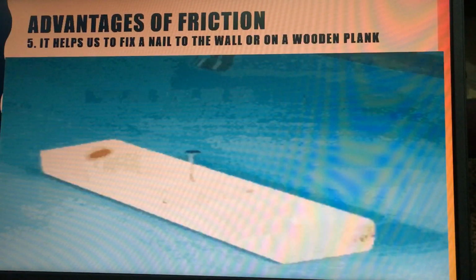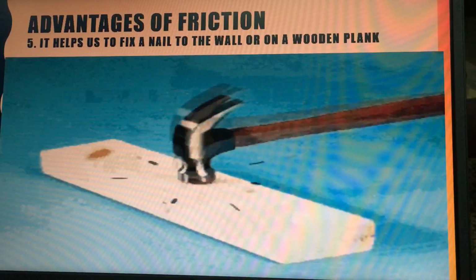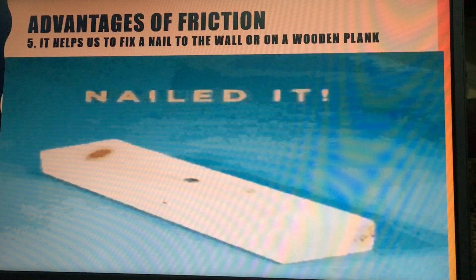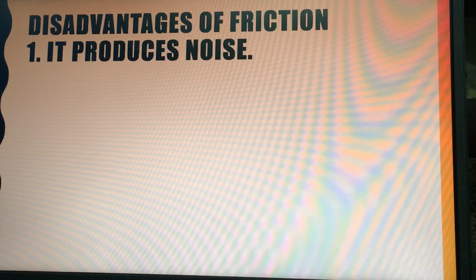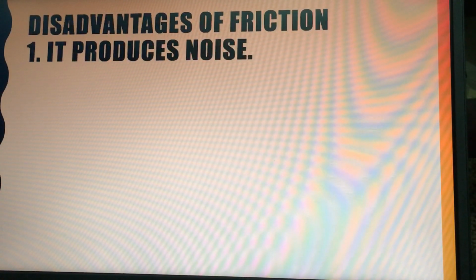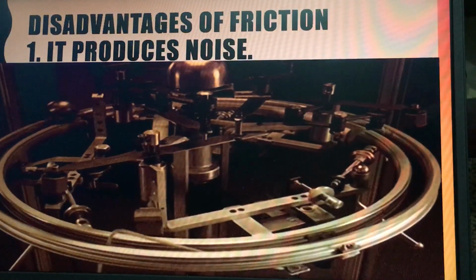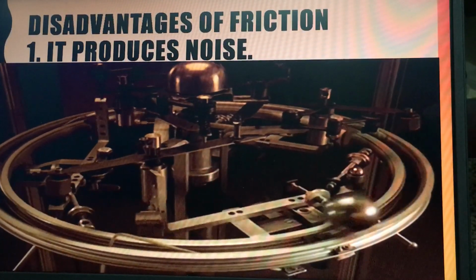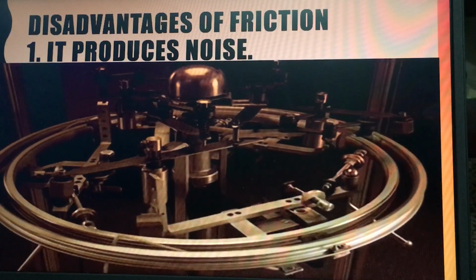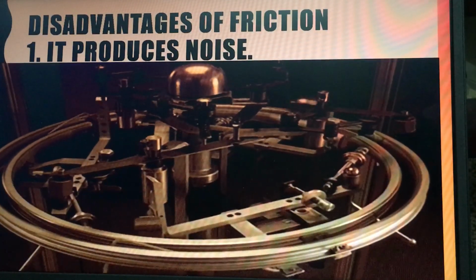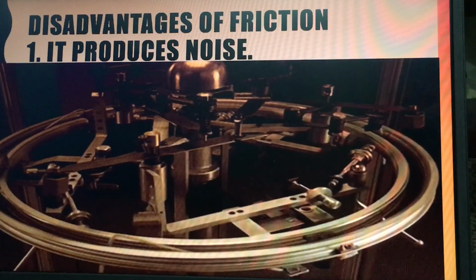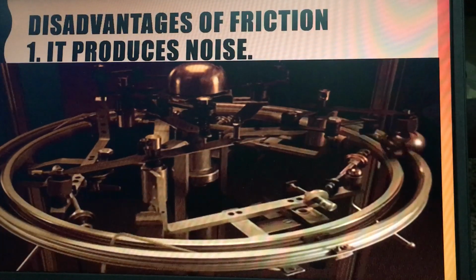Now we will move towards the disadvantages of friction. Let us find out what the disadvantages are. First one is it produces noise. Say this machine, there are many parts in the machine, and when the various parts of the machine move, they rub one another, and due to this rubbing, noise is produced.